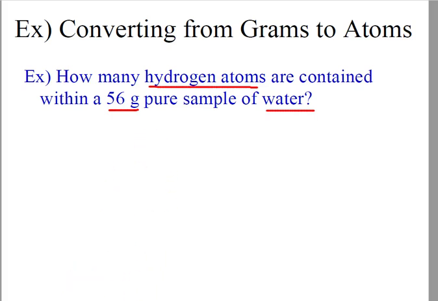We're still going from grams to particles. So we're taking the same pathway, but this question's a little different. Instead of wanting to know how many molecules of water there are, they're asking how many hydrogen atoms there are. So let's look at how to approach this. We're going to start out the same way.